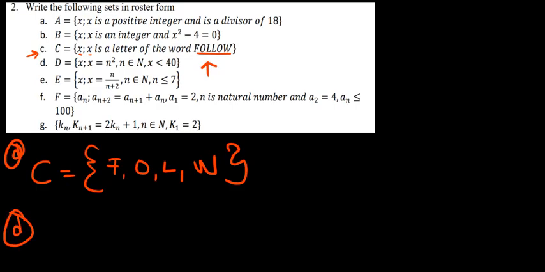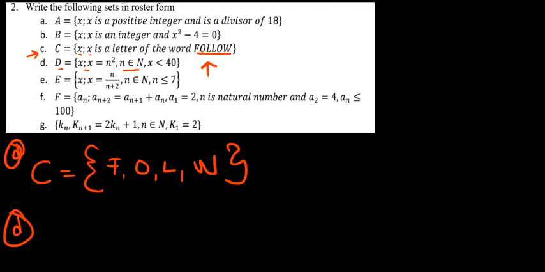So D is a set of all x's such that x is equal to n squared, where n is an integer and x is less than 40. So x is defined as n squared, where n, I said integer, that's not an integer.